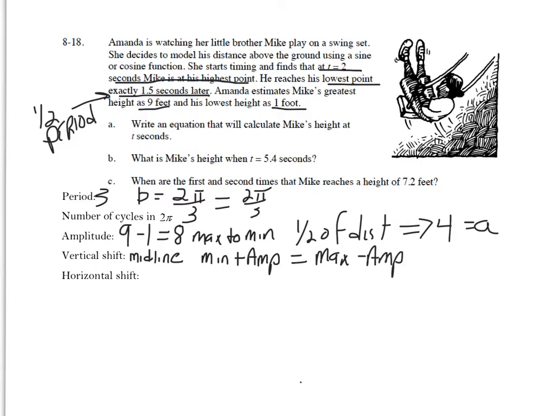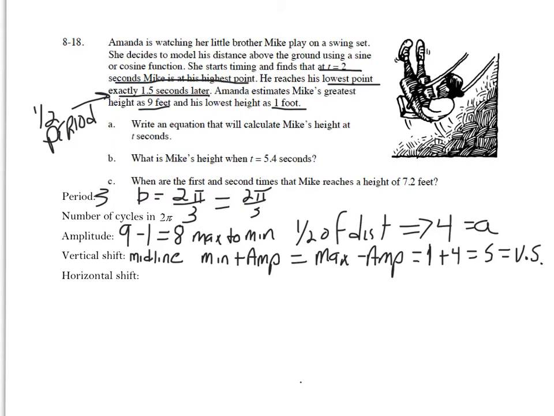And hopefully some of you figured that out in some of the work from yesterday's lesson. That equals 1, the minimum, plus 4, which gives us a midline of 5. That also represents the vertical shift, or what we call K.